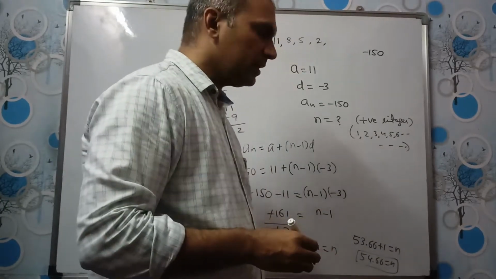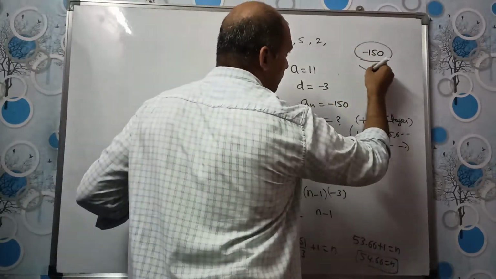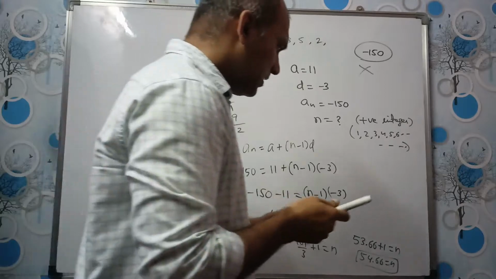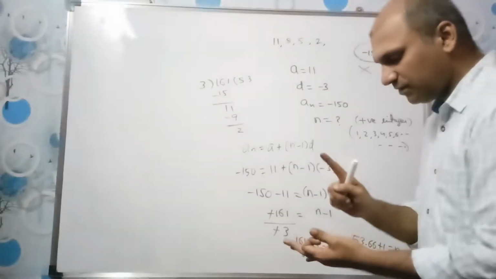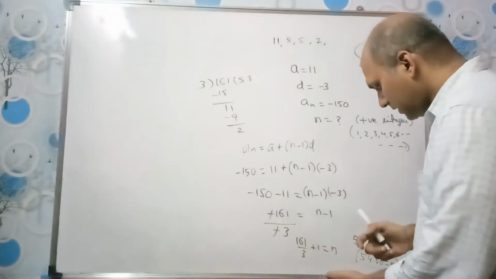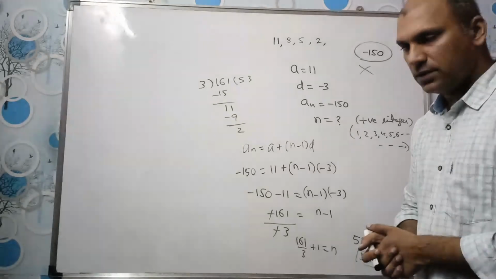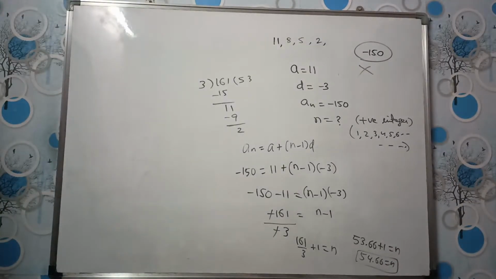It is a fraction, right? So we can say that this minus 150 is not a term in this series. See, we can have the 53rd term, 54th term, 55th term, 56th term, right? Can we have the 54.66th term? No, we cannot have, right? So minus 150 is not a term in this series.